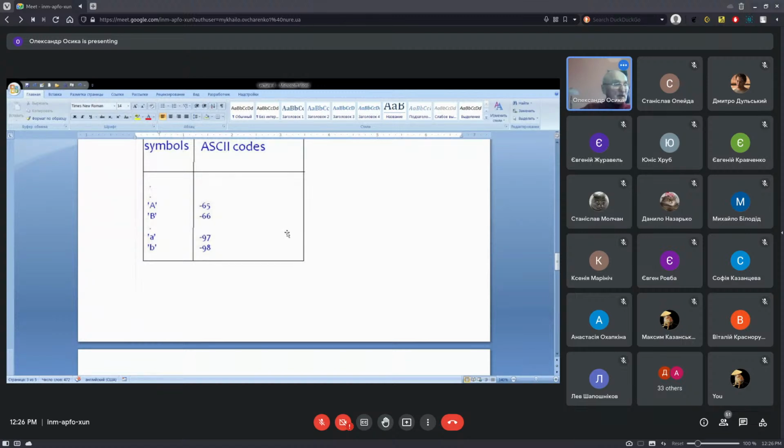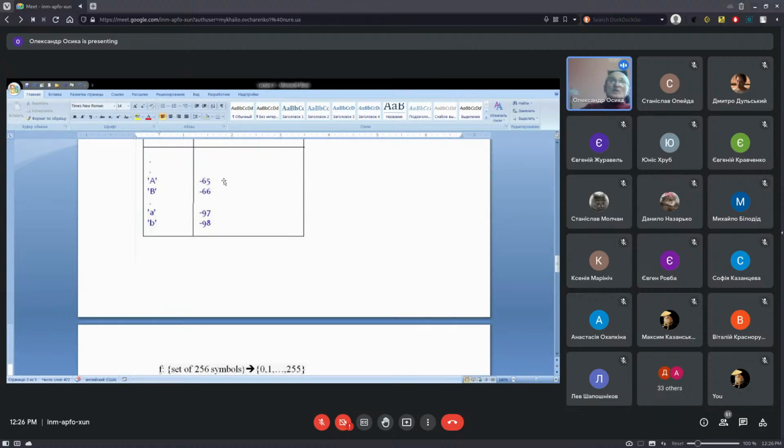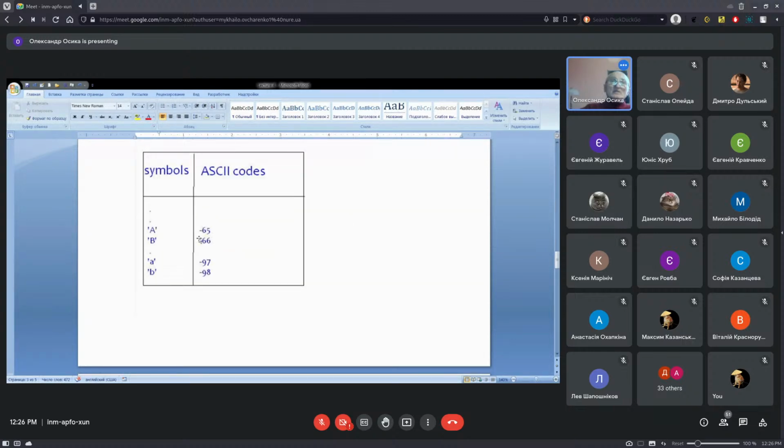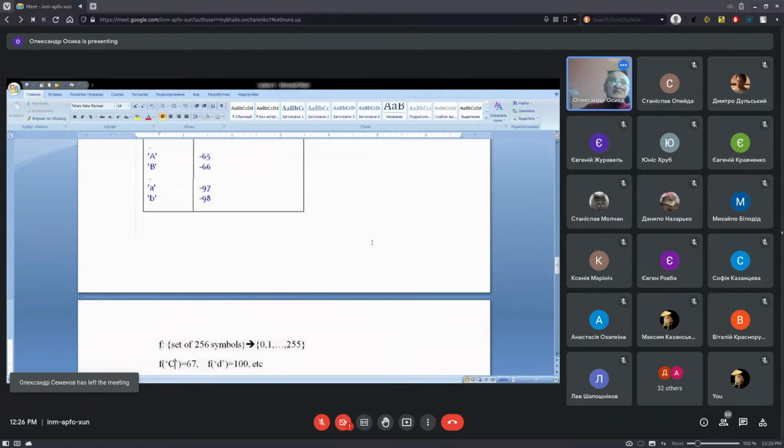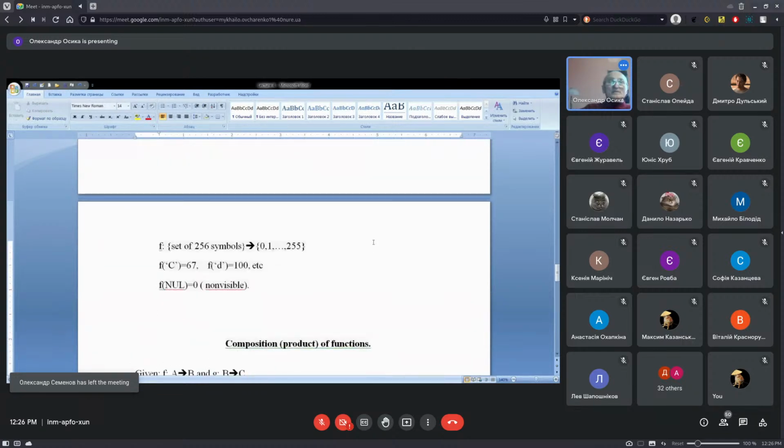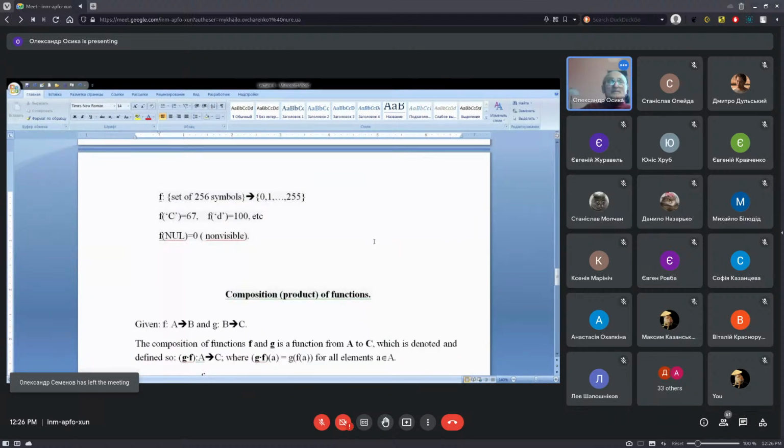In Java, you use Unicode, which has 2 bytes and more codes and more positions, but basically it is maybe the same.